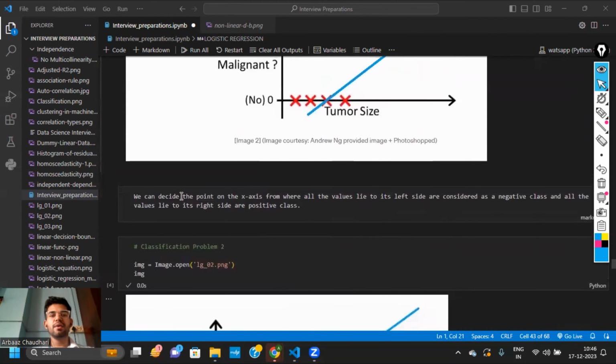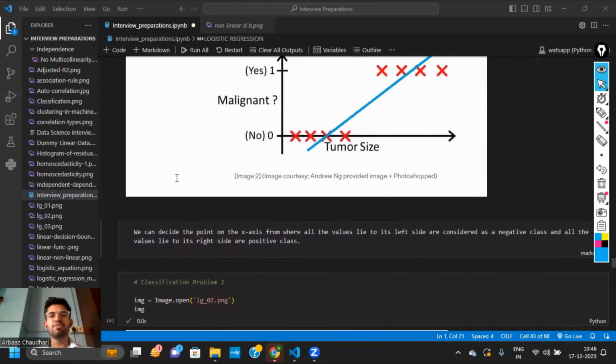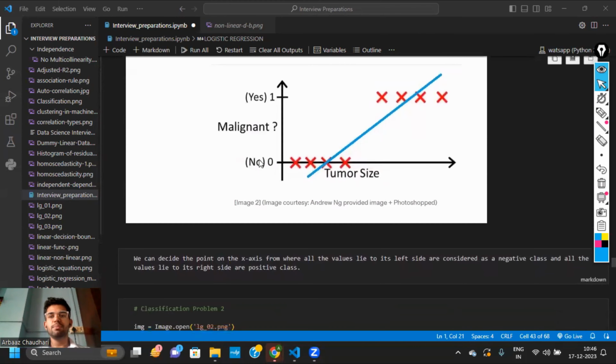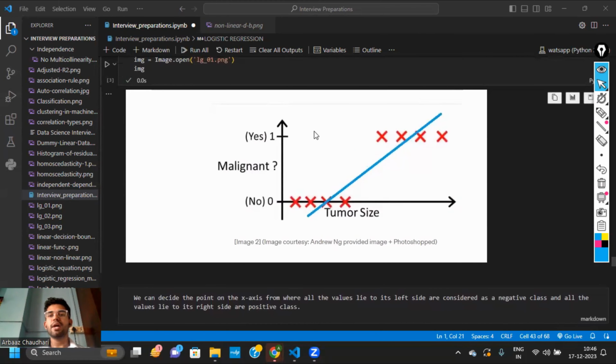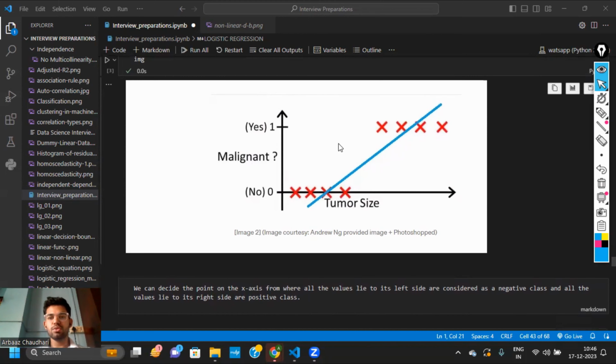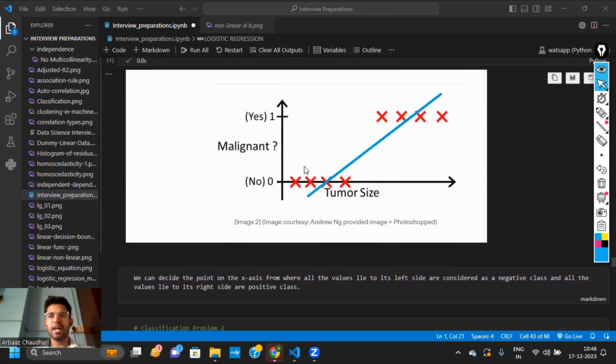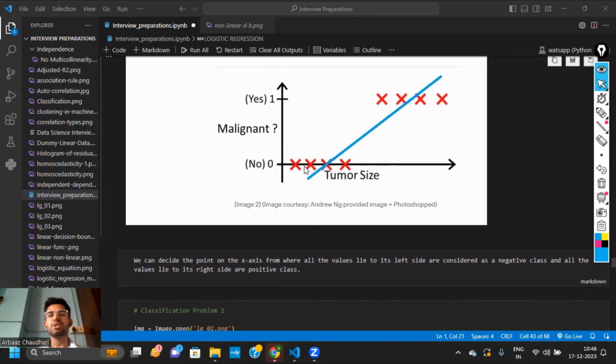But after some time we will see that linear regression cannot be used properly in a classification problem. As we move further in this video, you will understand why you can't use linear regression on this classification problem.